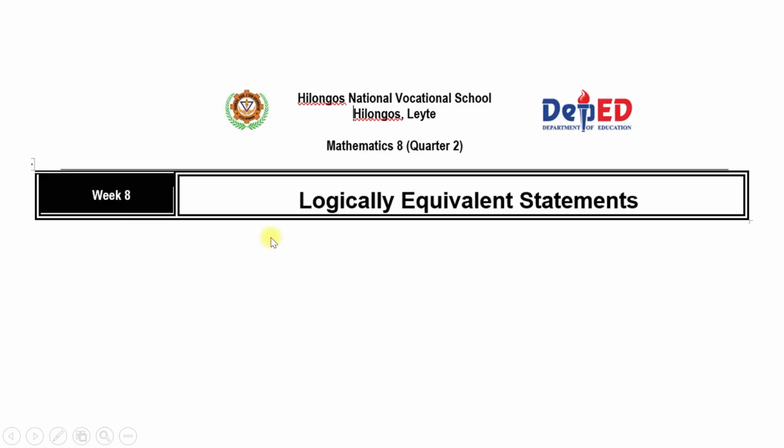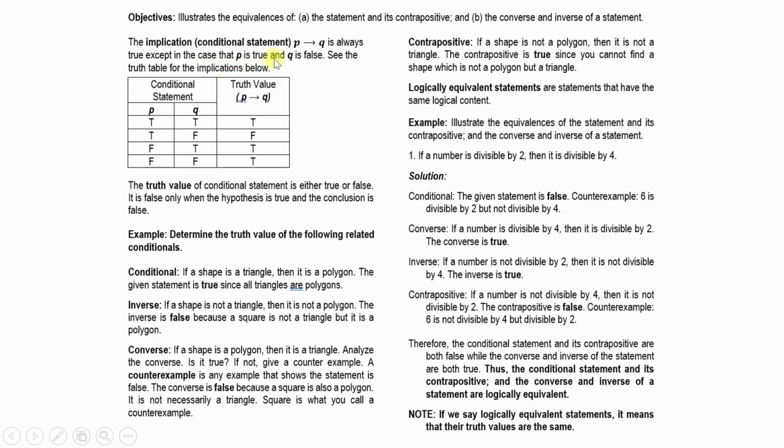Our topic for week 8 is all about logically equivalent statements. The implication or conditional statement P implies Q is always true except in the case that P is true and Q is false. So, this one, kaning P class, that is the hypothesis and Q is our conclusion.